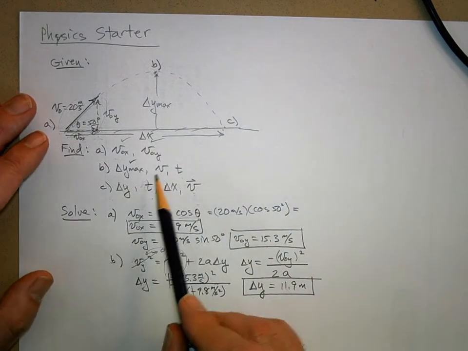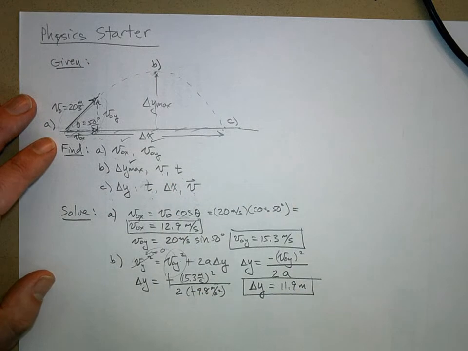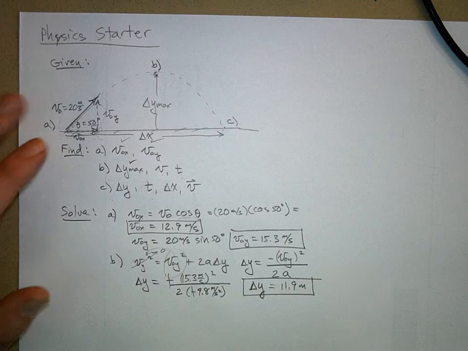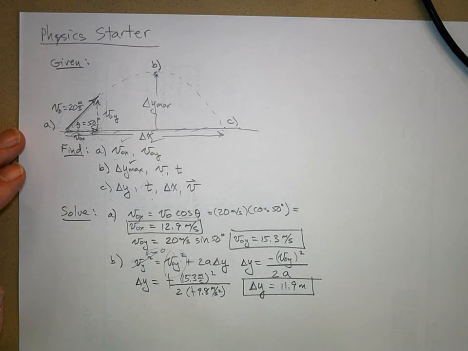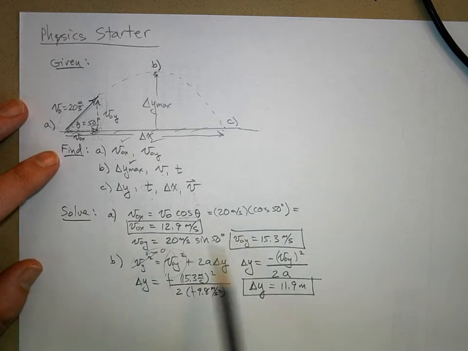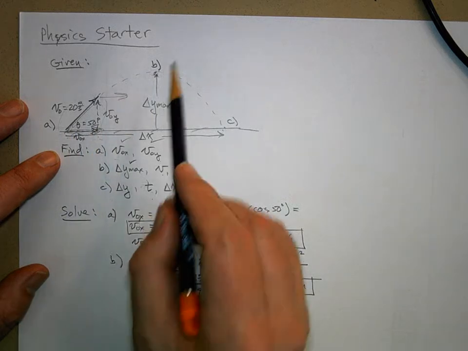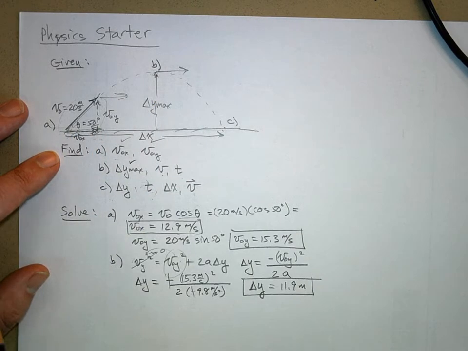Now what is the velocity at the very top? Well, we said that the y component of the velocity is 0. But what is true about the horizontal component of the velocity? It's constant. What did we say it was? 12.9, so it's going 12.9 right here.